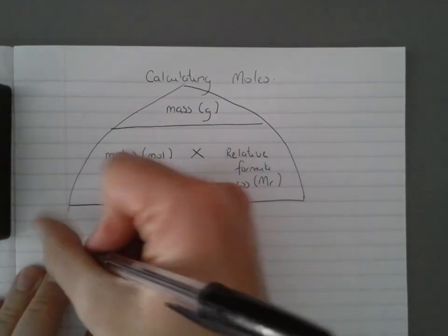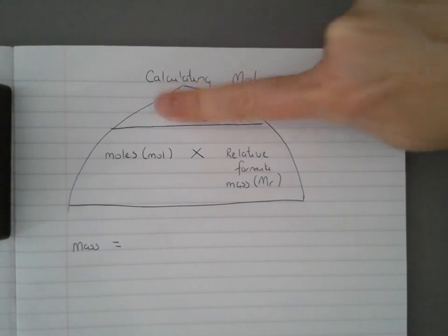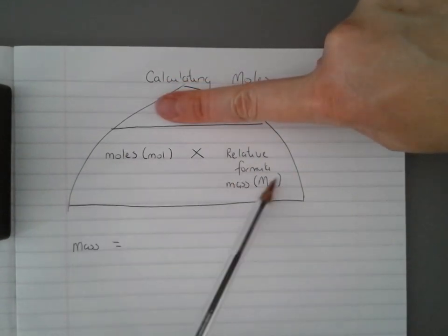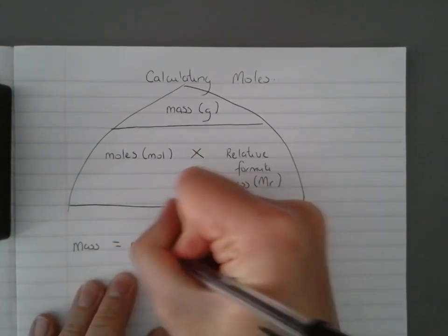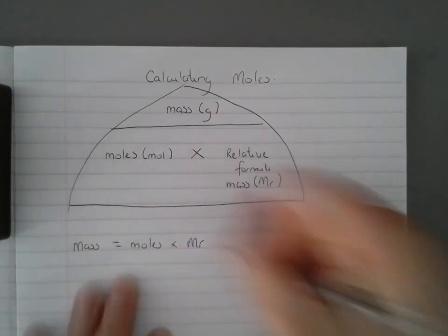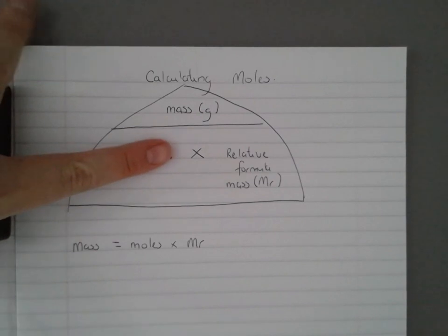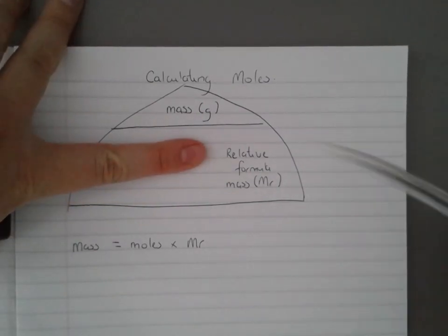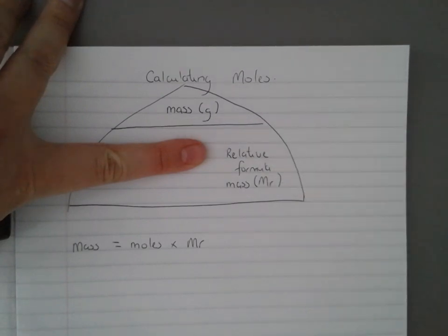So if I want the formula for mass, I cover mass, and I'm left with moles multiplied by relative formula mass. So the formula for mass is moles multiplied by relative formula mass, okay?